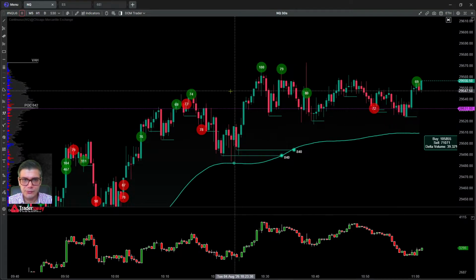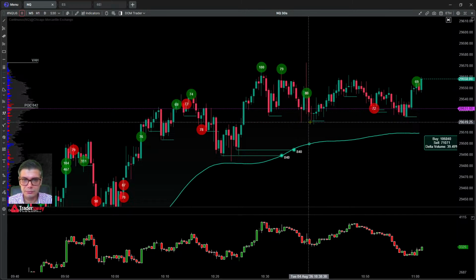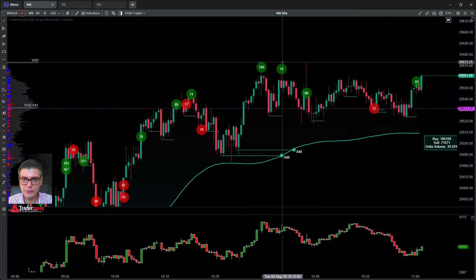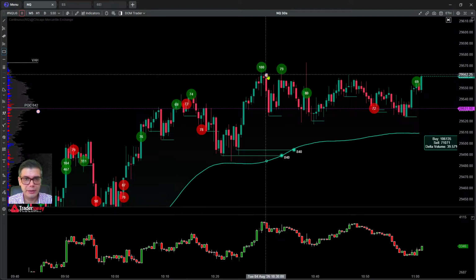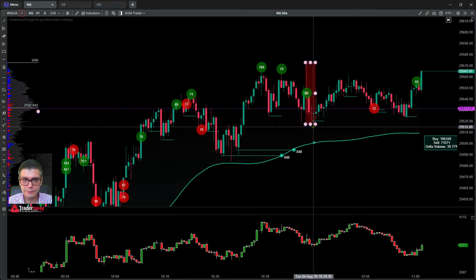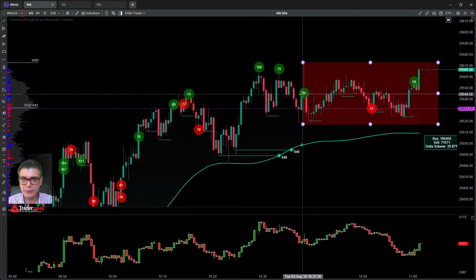It's a fighting zone between both. We have two icebergs in here, buyers and sellers. It's right in this range from this high to this low. So let's see who can win that one.